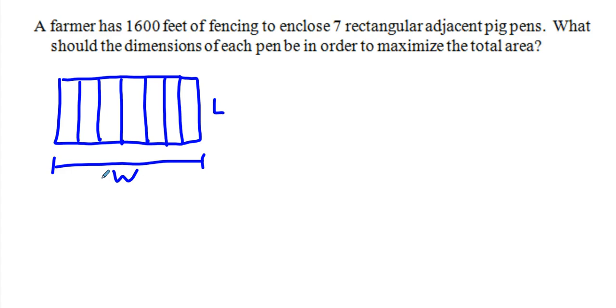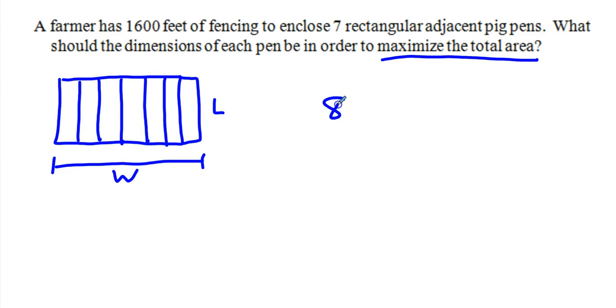So again, a farmer has 1,600 feet of fencing to enclose 7 rectangular adjacent pig pens. What should the dimensions of each pen be in order to maximize the total area? So we're going to maximize the total area, but we first have to think about perimeter. We have 1,600 feet of fencing. So the perimeter is going to be, we have 1, 2, 3, 4, all these.